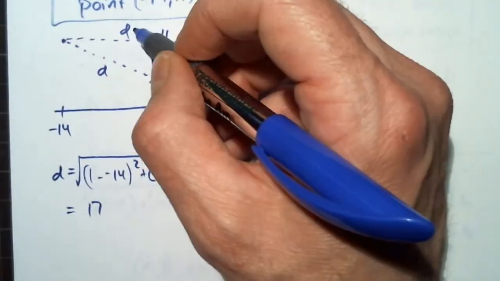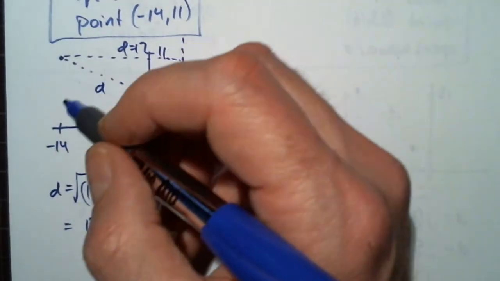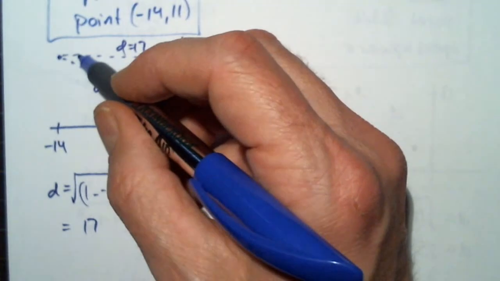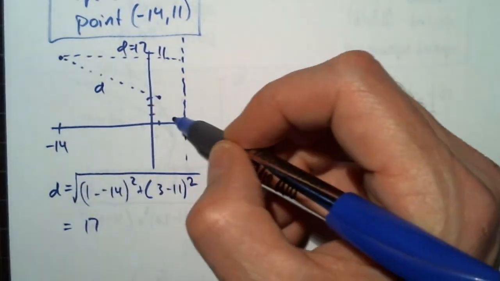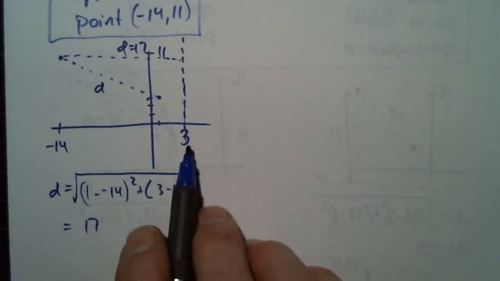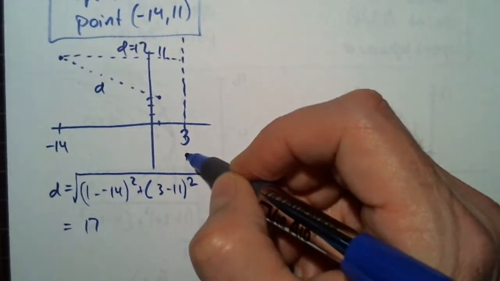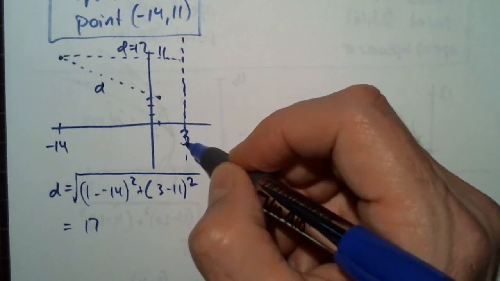All right, D is 17. That means starting from negative 14, we're going to move to the right 17. It's going to take us all the way to 3. We have 3 plus 14 is 17, so we know the directrix is at x equals 3.